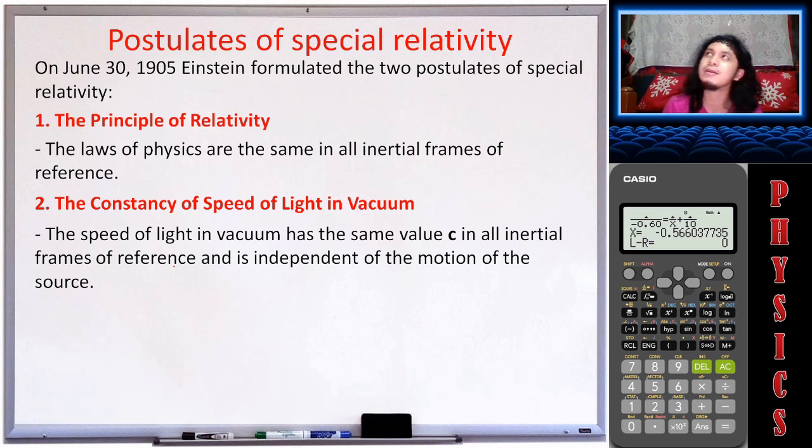And another thing, sabi din dun sa second postulate ng special relativity, the speed of light can never be exceeded. Wala nang mas bibilis pa sa speed of light. Okay? So tatandaan niyo 'yun. 'Yun ang pinakamabilis, speed of light.